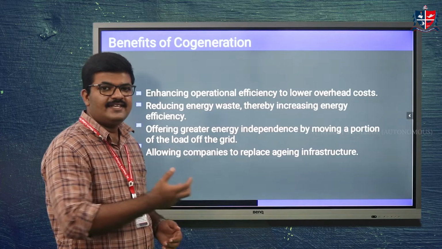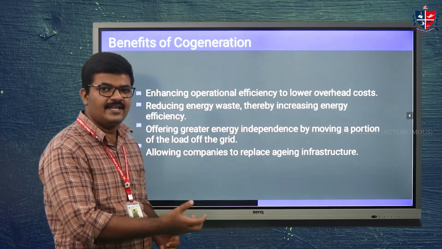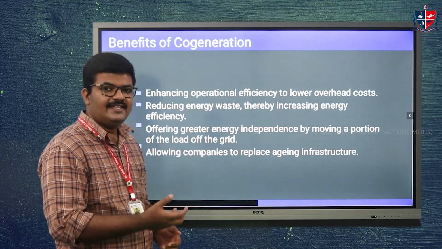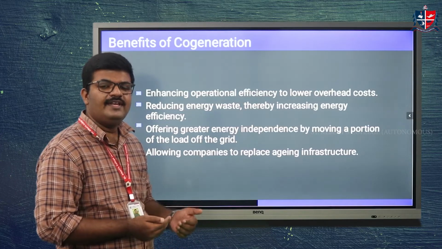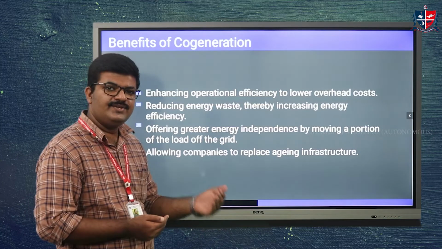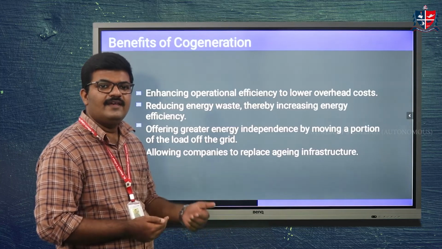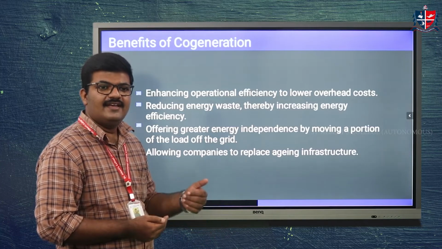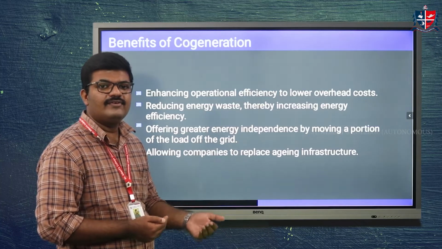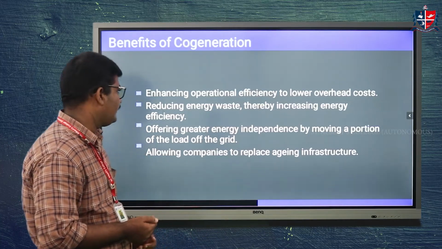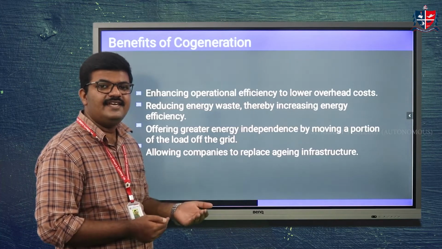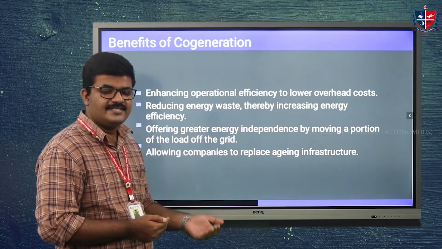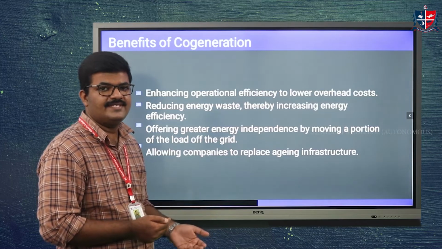And the process heat, the second form of energy derived from this cogeneration system, can be utilized for room heating, and it can also be given back to the power system for the steam generation process and for the working of gas turbines, etc., which in turn increases the efficiency of the system, system-wise as well as cost-wise.